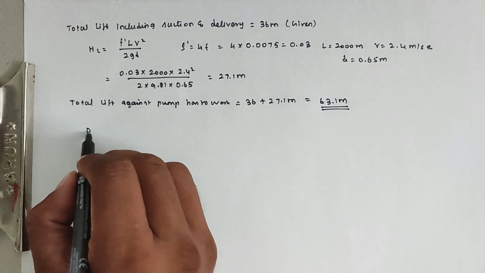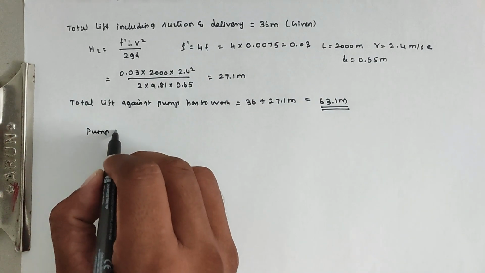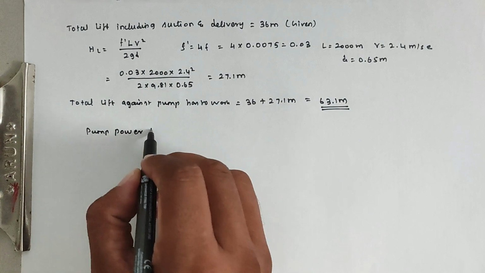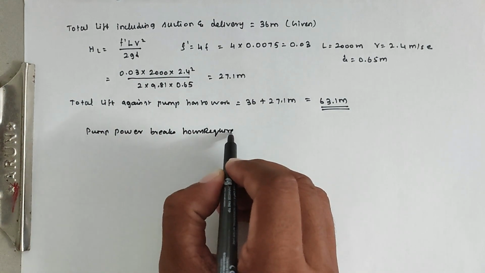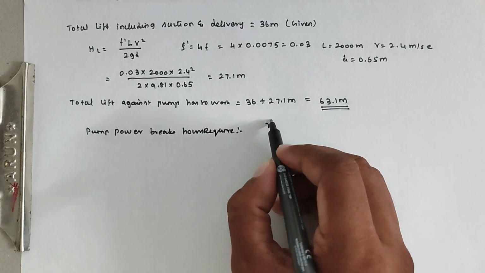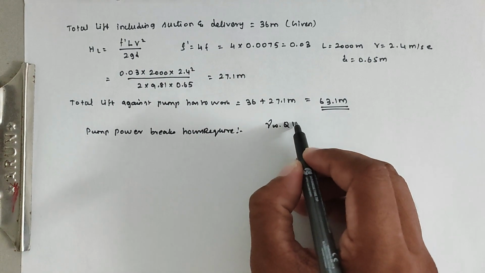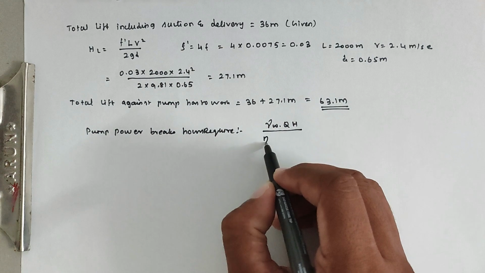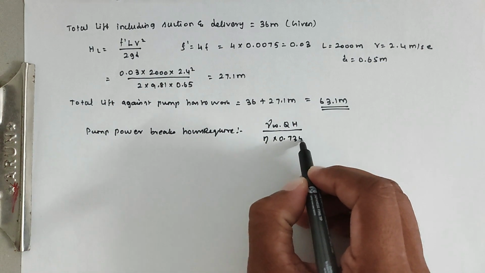Now the pump power required. The formula is gamma W into Q into H divided by eta into 0.735.